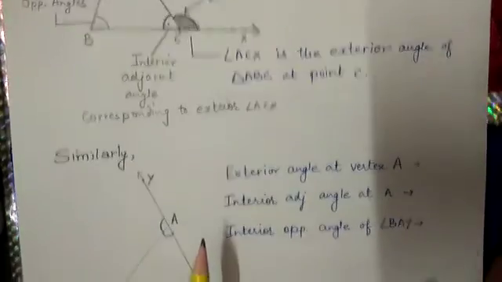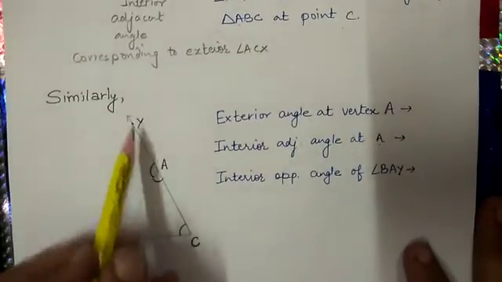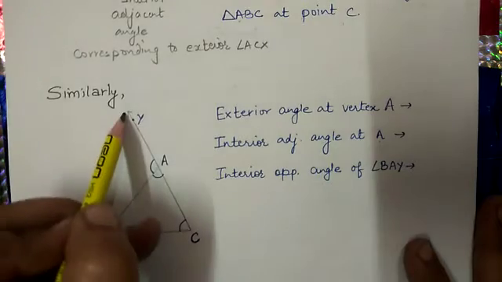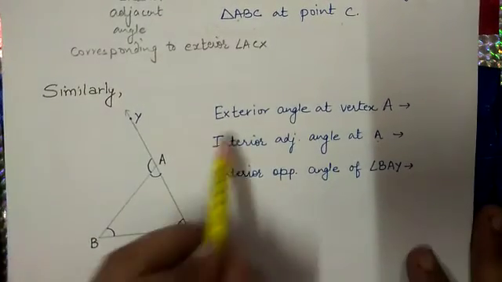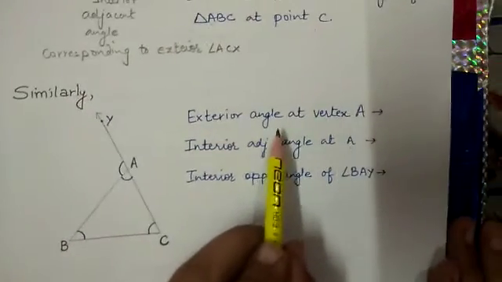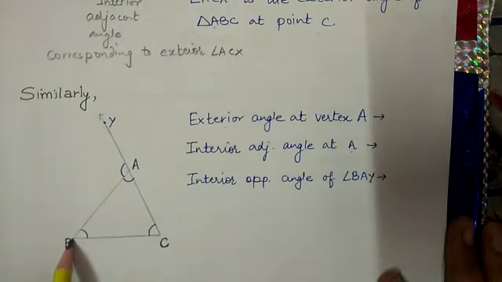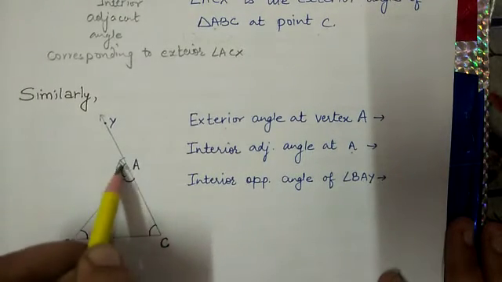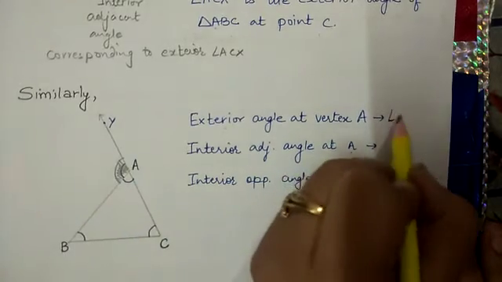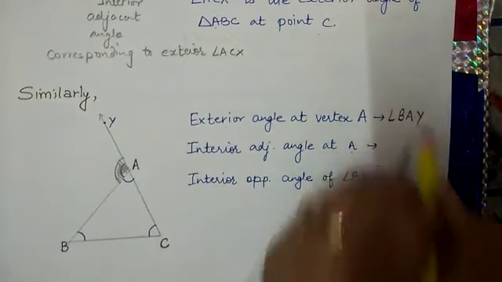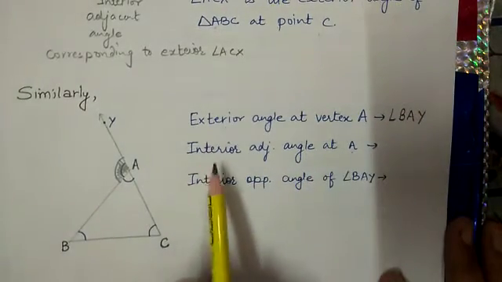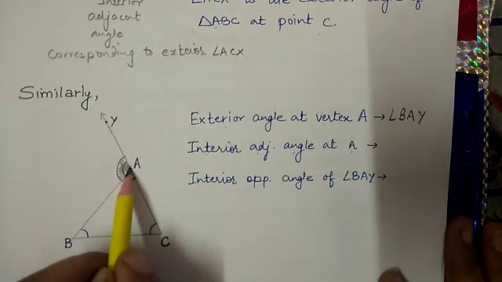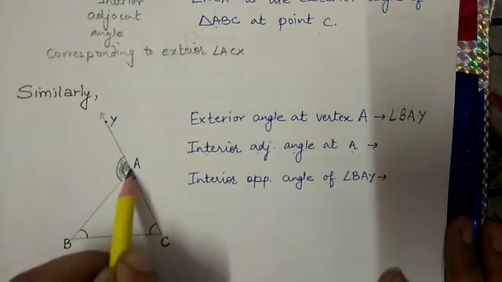Similarly, if we observe the triangle ABC such that AC is produced up to point Y, then exterior angle at vertex A will be angle BAY. This one. What should I write? Angle BAY. Now interior adjacent angle at vertex A will be angle BAC.